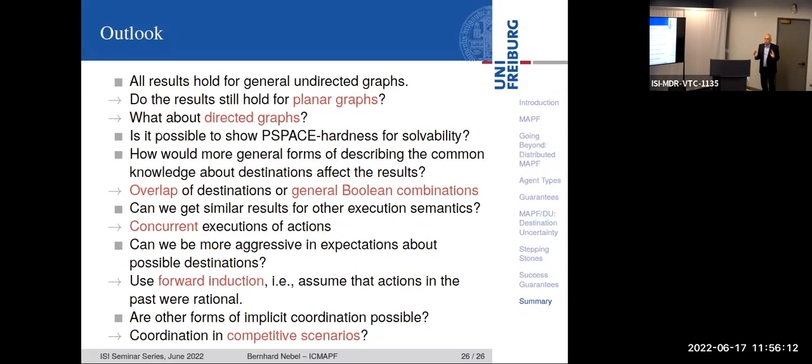So in such a game, you can come up with a protocol signaling what you mean when you do something, or you can have a number of agents that don't have a protocol beforehand. And then they just have to rely on the notion that your fellow agents are rational. And that is what we wanted to have. We only assume rationality and then see under which conditions we can achieve success.